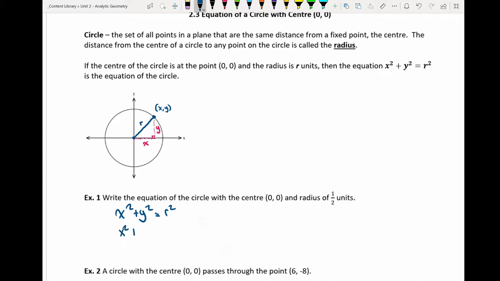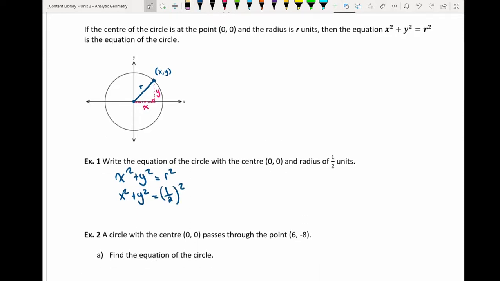So x squared plus y squared equals (1/2) squared. If I simplify that, x squared plus y squared equals 1/4. And this right here is my equation of the circle.